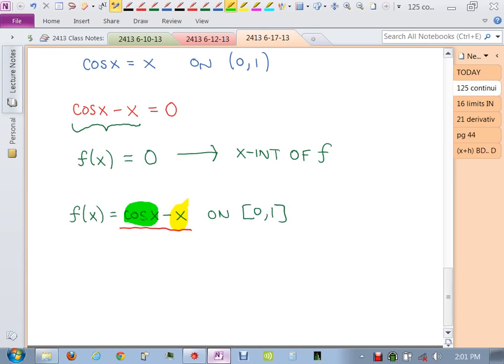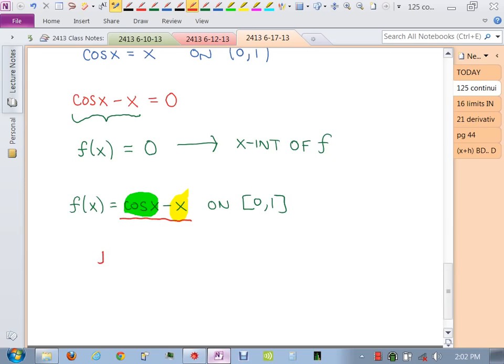So if you take two continuous functions and you add or subtract them, you're still a continuous function. Do y'all see the combination of the two theorems there? So I know right away that f is continuous on 0, 1. In fact, it's continuous everywhere, but I only need it to be continuous on 0, 1.